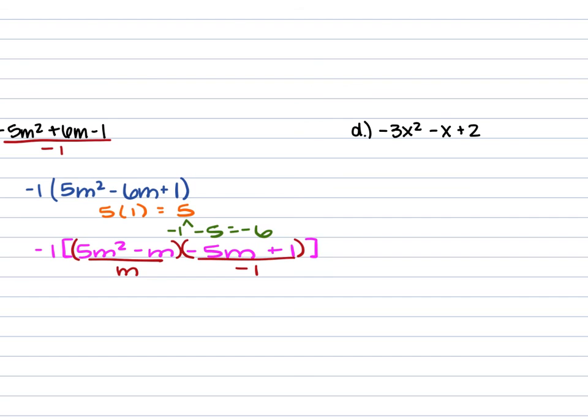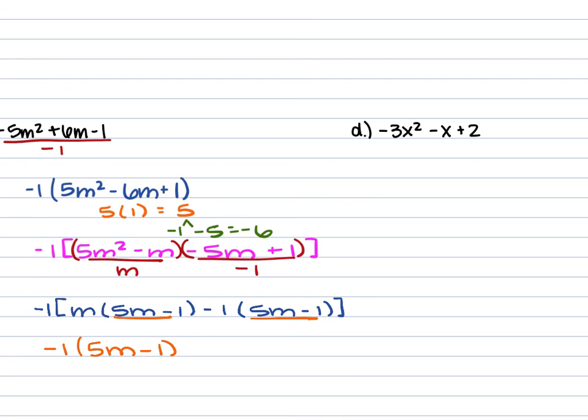So this is giving us negative 1 times m times 5m minus 1 minus 1 times 5m minus 1. So from here, your two sets of parentheses are identical to one another. So this just gives us a negative 1 times 5m minus 1 times m minus 1.